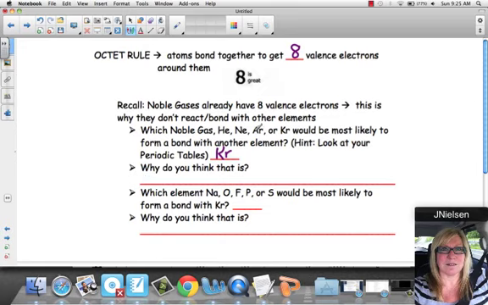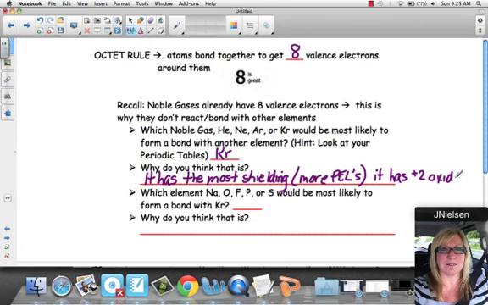So out of these 4, it has the most shielding, and that's due to the number of principal energy levels. I'm just going to write in parentheses more PELs. And also, if you look at it, it has a +2 oxidation state listed, which means that under the right circumstances, it will bond with something.